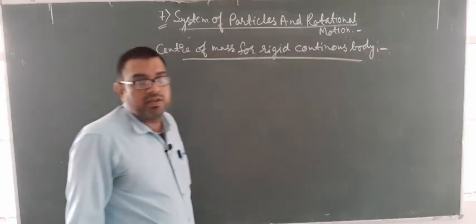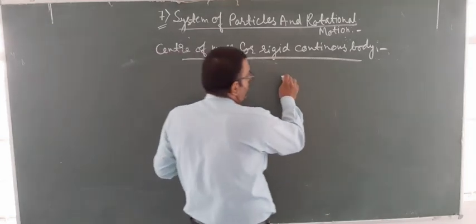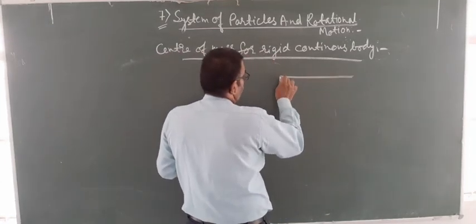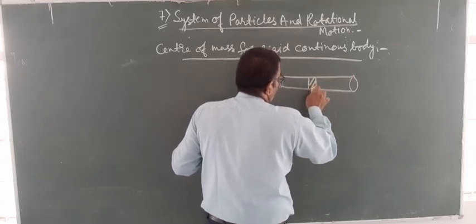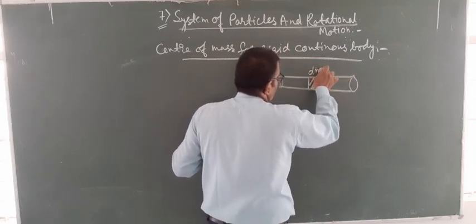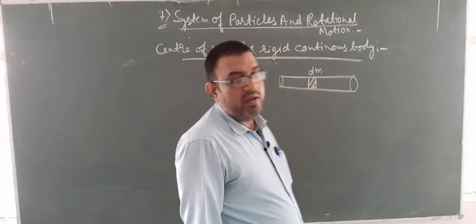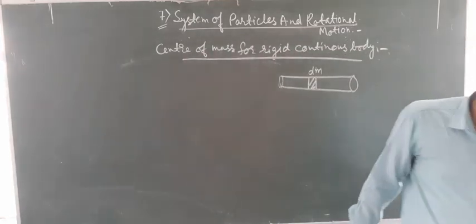What is the meaning of a rigid continuous body? Suppose this is a continuous body, and here is the location of a small mass dm that we have considered.